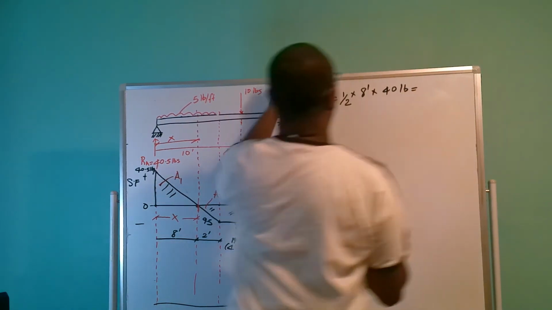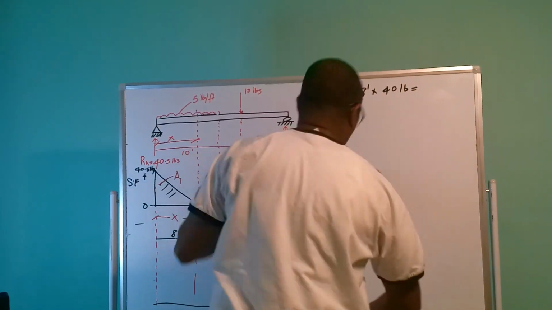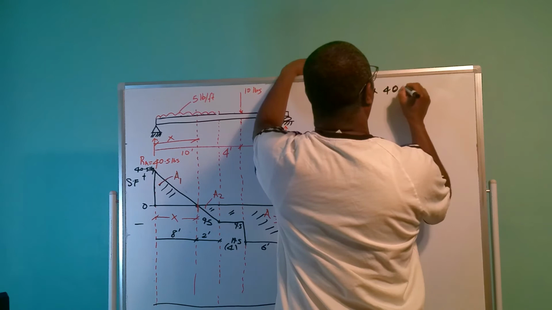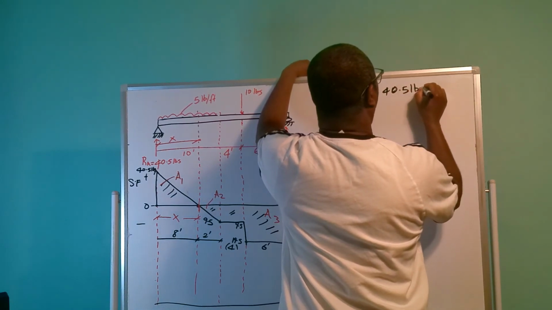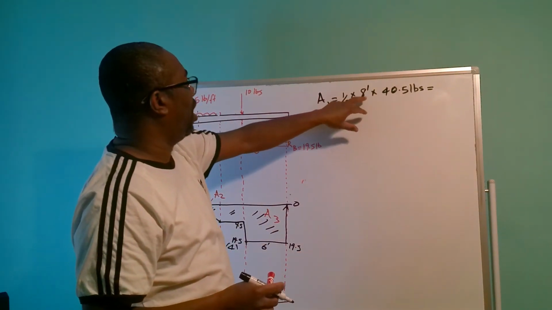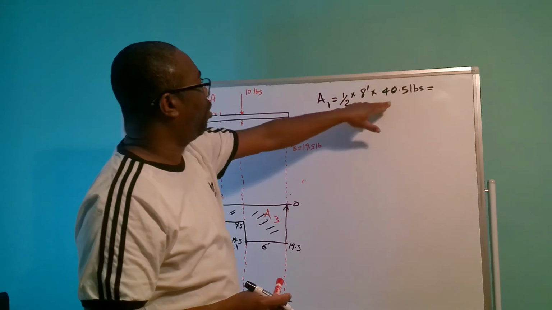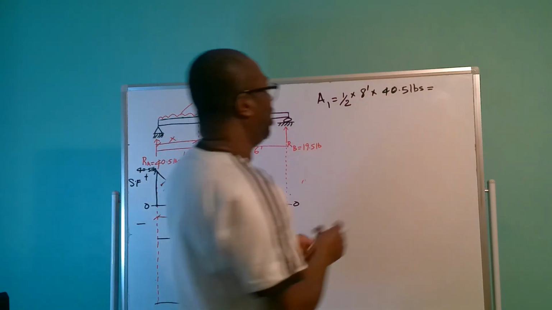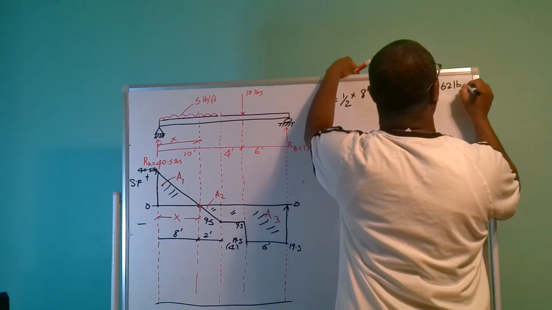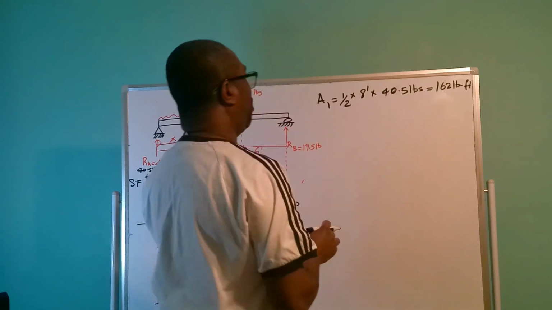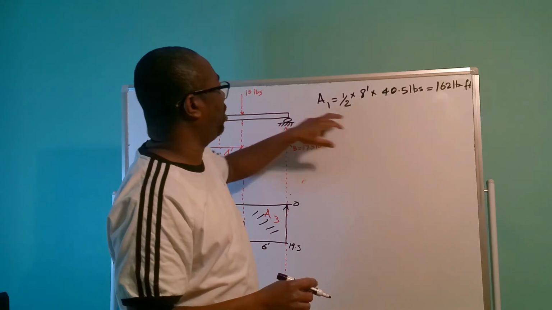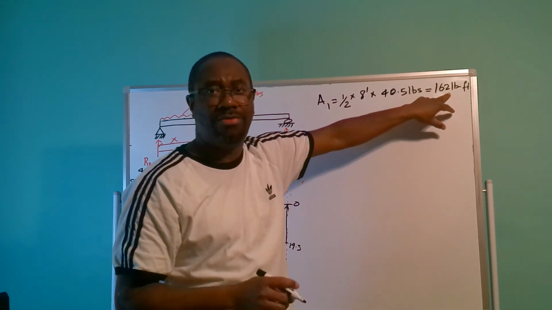So this is going to equal a half. A half of 8 is 4. 4 times 40.5 is 162 pounds foot. So our first area is 162. Our first moment is going to be 162 pounds foot.